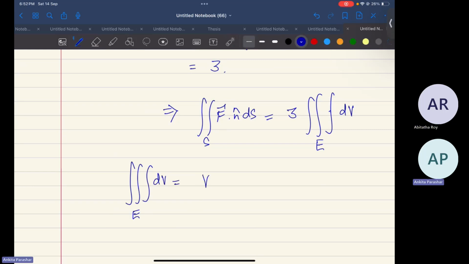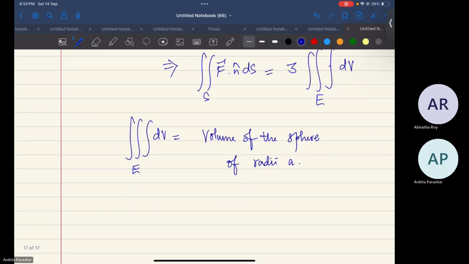I should write volume of the sphere of radius a. Suppose the radius is given to you. What do you say now? This is nothing but 4 by 3 pi a cube. Very well.